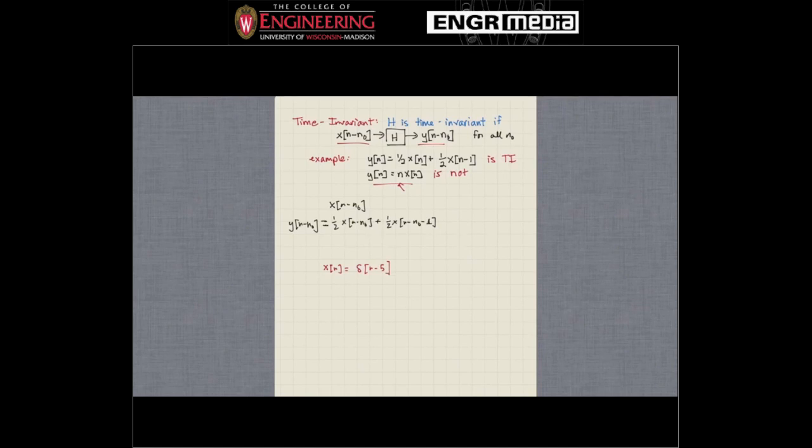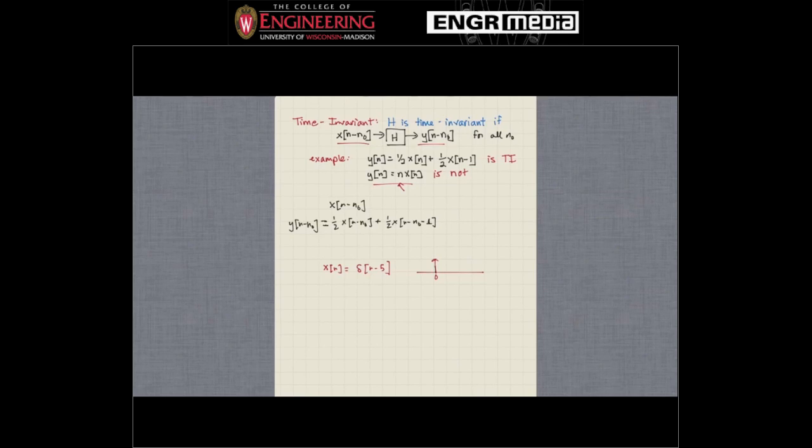So if we input x of n equals delta of n minus 5, the output that we should get, it should be 0 everywhere, right? This signal, let me plot this. Here's 0. It's the axes.